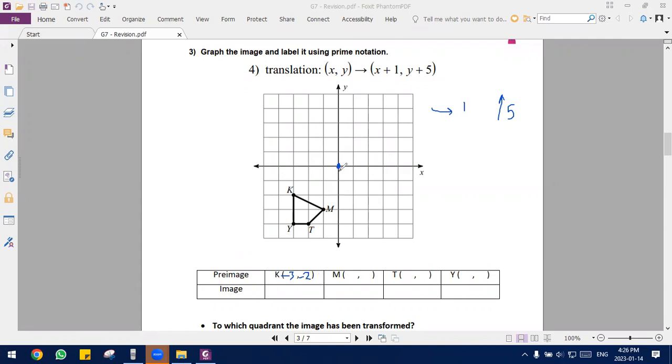Now for M, (-1, -3). For T, it is (-2, -4). And for Y, it's (-3, -4).